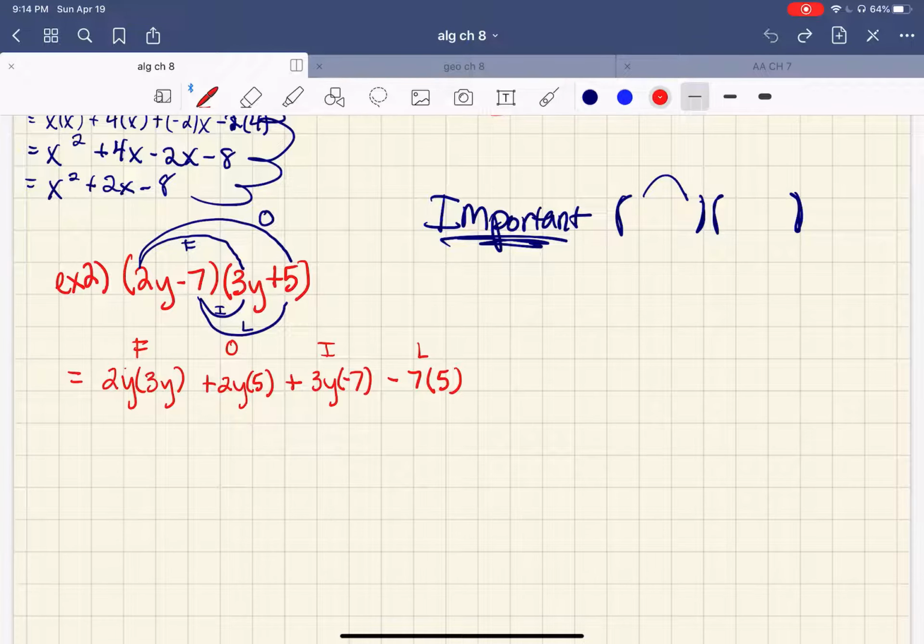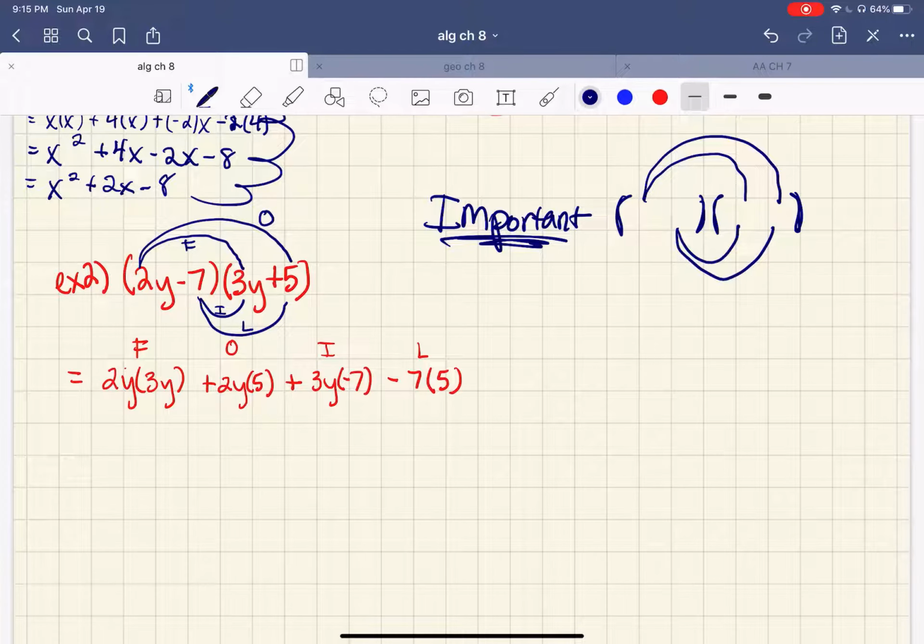You have to be going with your arrow or with your line from one to the other, one to the other, one to the other, one to the other. So you have to make sure that you're not multiplying things that are in the same binomial by themselves, because that's not going to work.